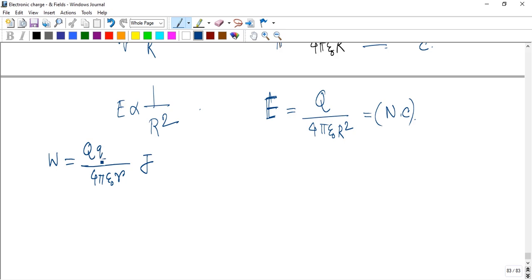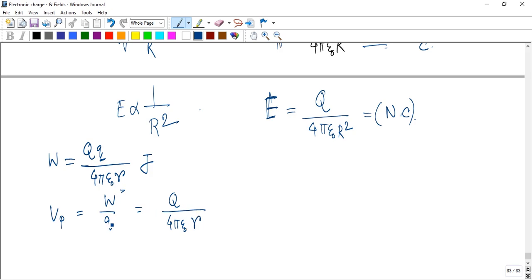This is the work done by an external force in bringing the test charge from infinity to a finite point. That equals the potential at point P, W divided by the test charge q, which gives Q over 4 pi epsilon naught R.